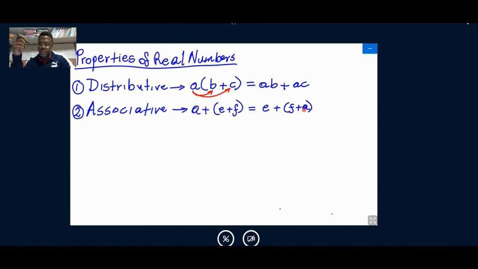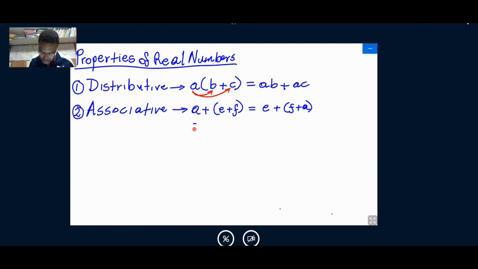Now, I want you to be careful. I said here we're talking about 2 things. It is addition and multiplication. We're not talking about subtraction. We're not talking about division. 2 things. Addition and multiplication. So let us look at multiplication.